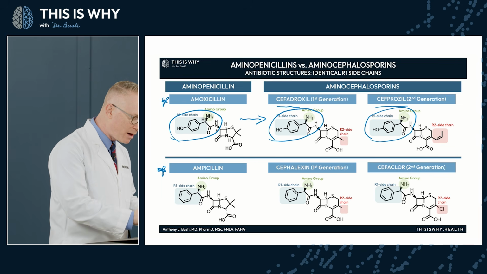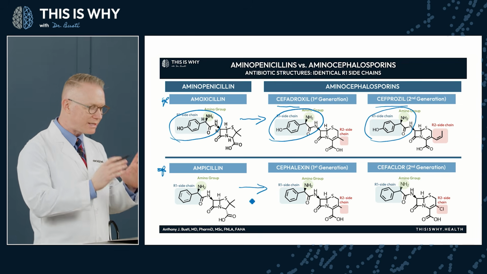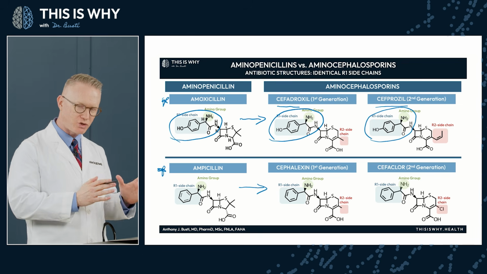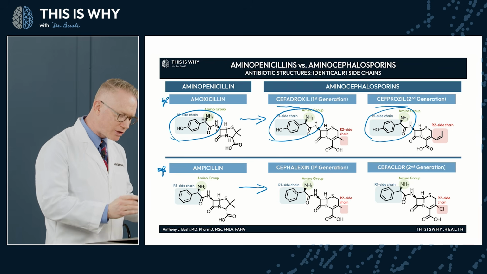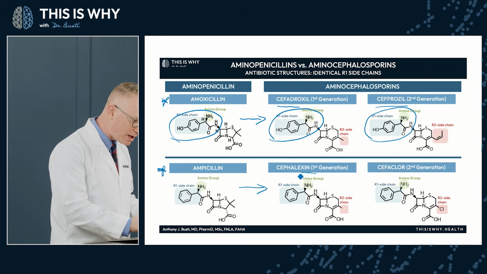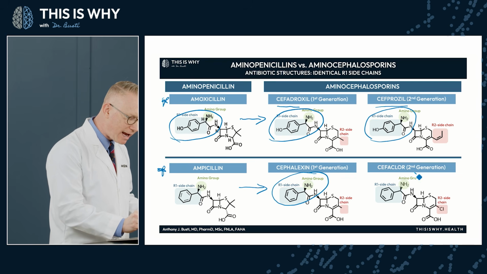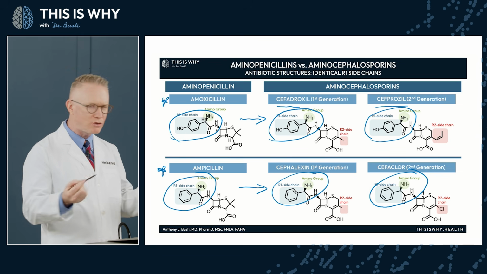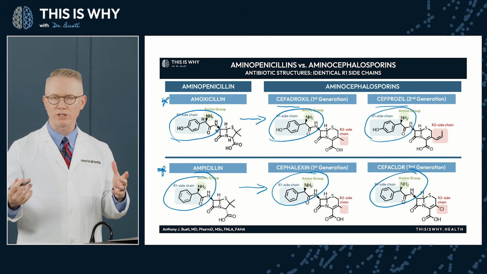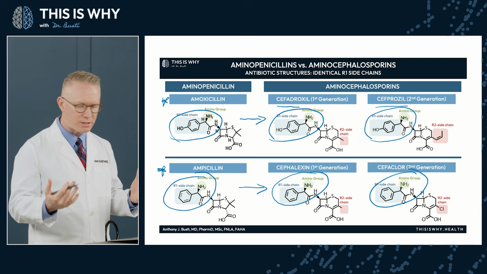When you look at ampicillin and you go across to the right, you see that cephalexin, a first-generation cephalosporin, and cefaclor, a second-generation cephalosporin, again have the same R1 side chain. So it's that hydroxyl group that is largely the main difference, okay?